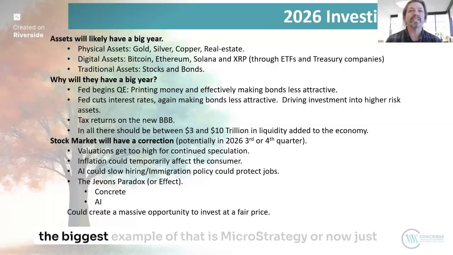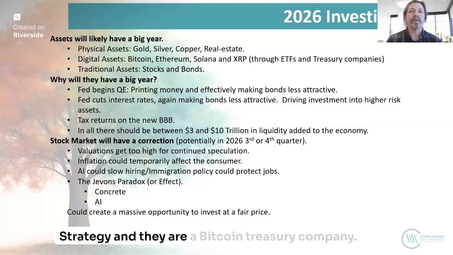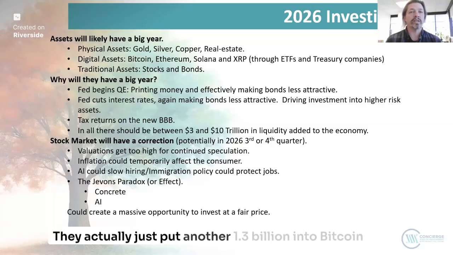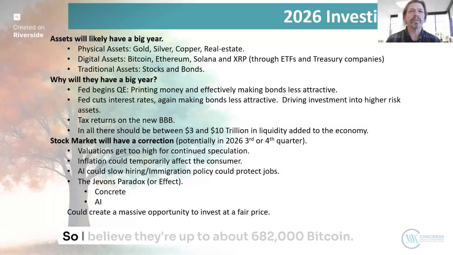The biggest example of that is MicroStrategy, or now just Strategy. And they are a Bitcoin treasury company. They actually just put another 1.3 billion into Bitcoin recently. So I believe they're up to about 682,000 Bitcoin.